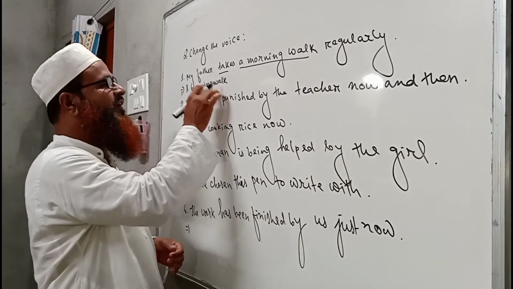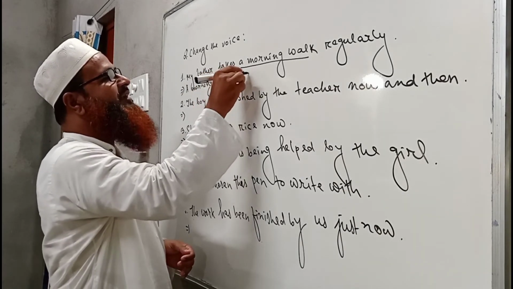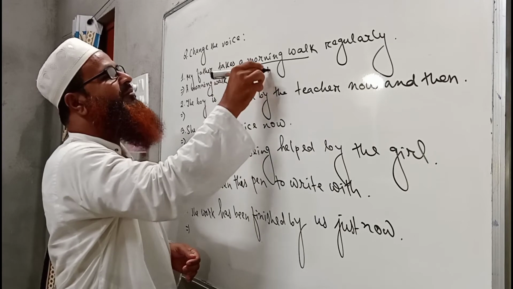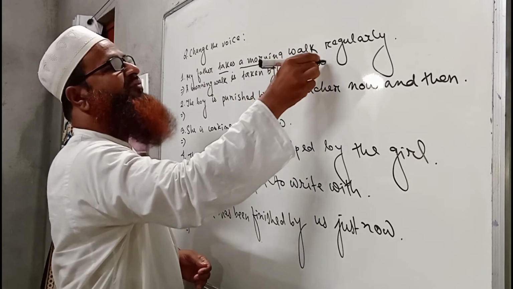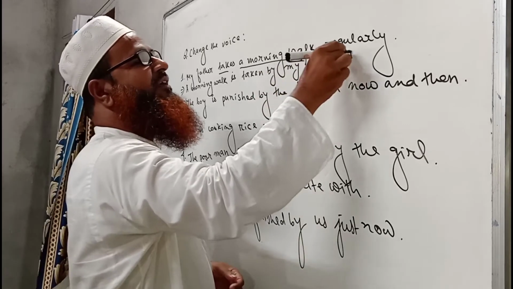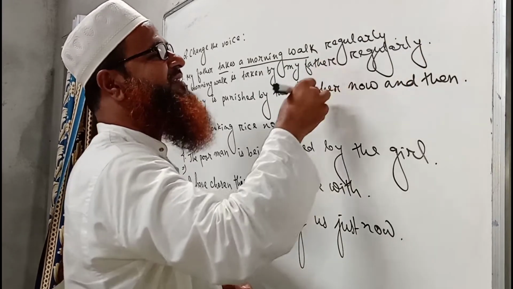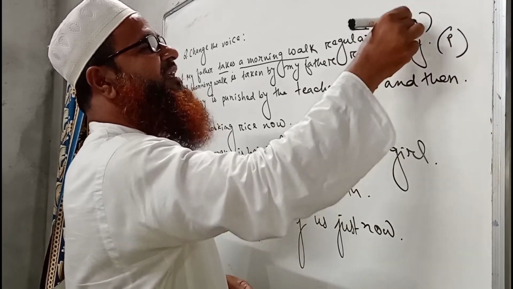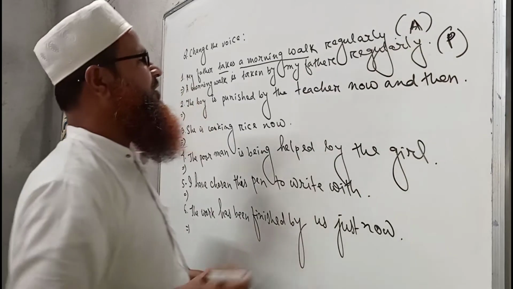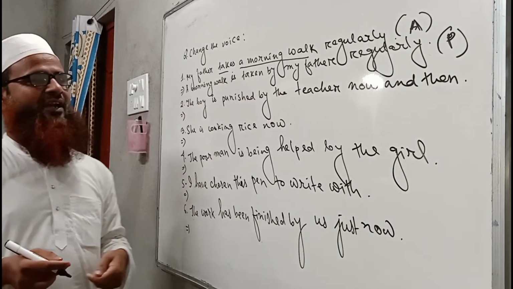So with a morning walk, is will come: A morning walk is taken by my father regularly. So this will be the passive form of the sentence. This one is active and this one is passive.